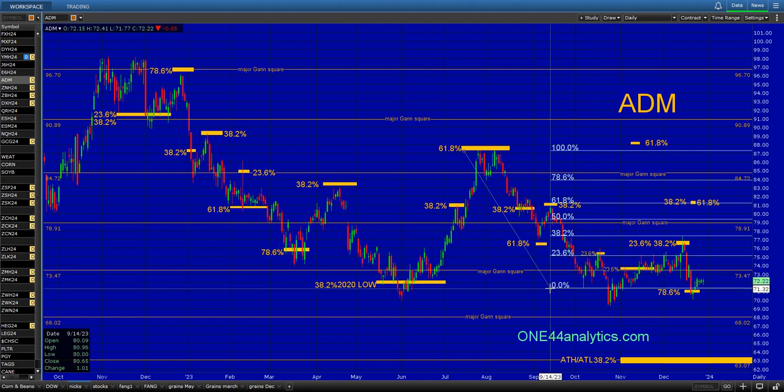And then what you get into here, and again, this is where there's no real reason for this low based on a Fibonacci retracement or a major Gann square. So we're going to keep an eye on what's above the market to see if the trend is going to continue on down and finally hit something that does mean something, or the trend changes because of the level or the retracement that gets taken out.